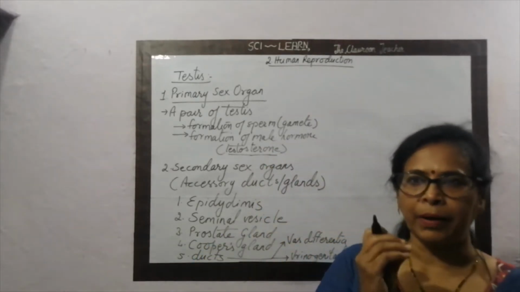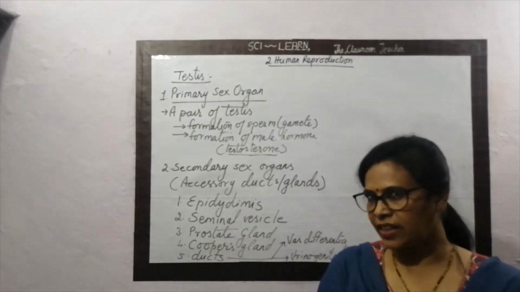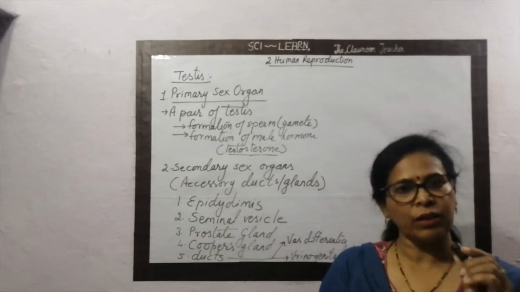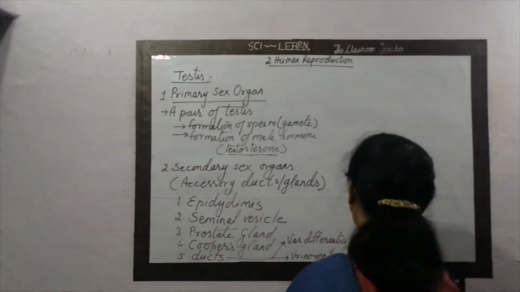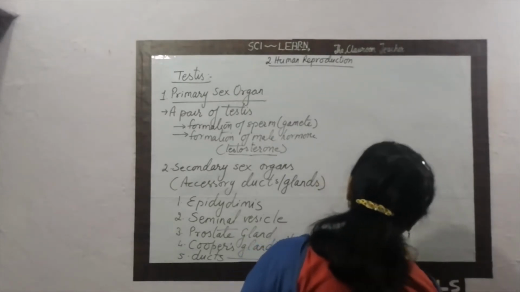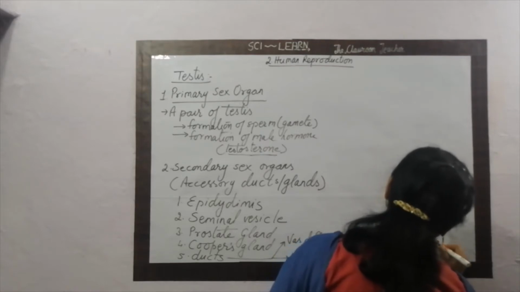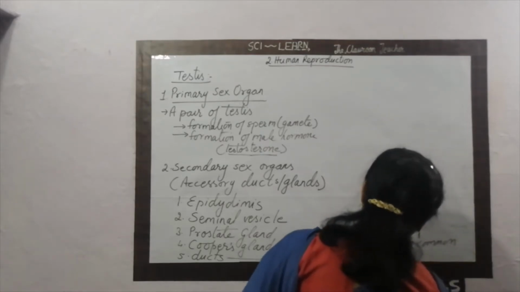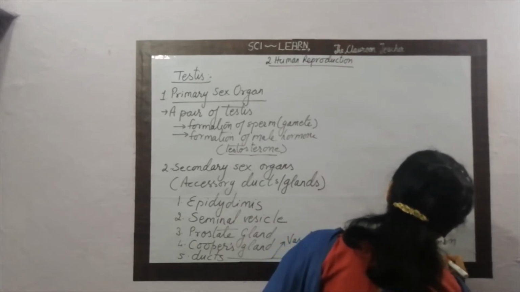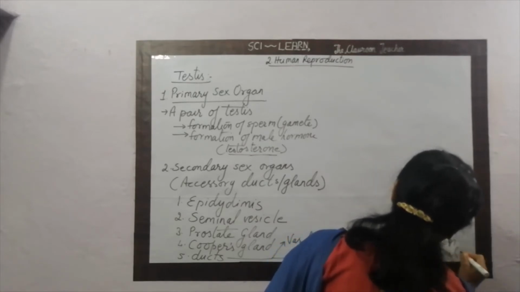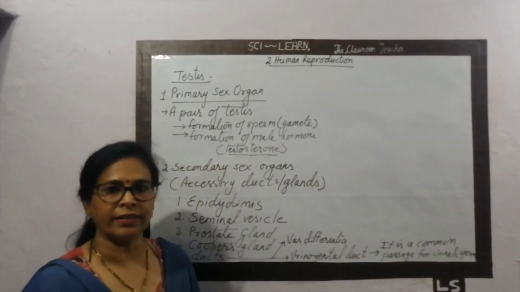As it is clear by the name, urinogenital duct, urine and genital means the sperm. It is the common passage for urine as well as sperm. So it is called urinogenital duct.